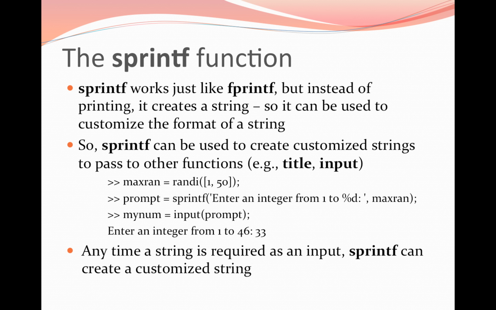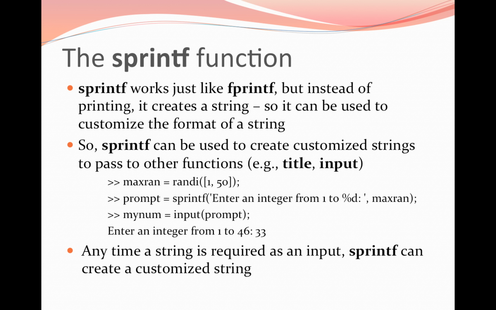Here's an example. I create a random integer in the range from 1 to 50 and store that in a variable maxran. And then I use sprintf to create a string that says enter an integer from 1 to, and then the value of maxran fills in for the %d. Again, notice that's not printing. What that's doing is creating a string which I'm storing in a variable that I called prompt.